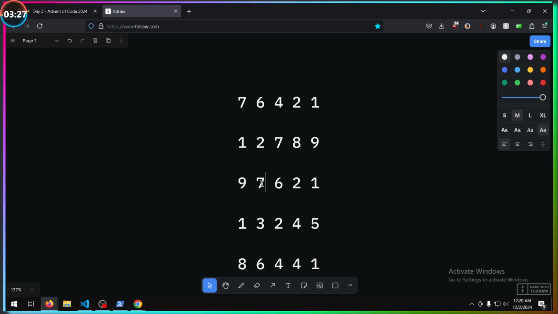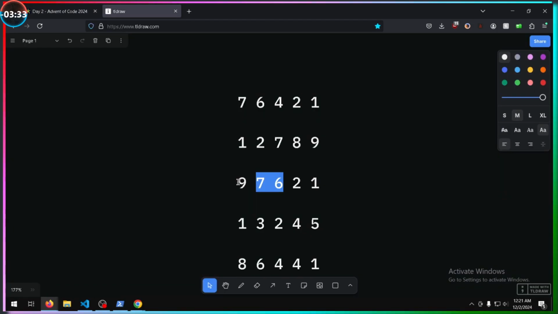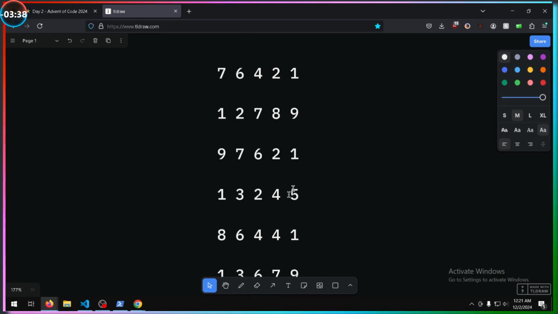So that makes this an unsafe transition, I guess, to try to fit in the story, which makes the entire report false or unsafe. So let me put green there, red there. Nope. Oh yeah, that one is right because it's too big. Bad there. And go from 1 to 3, it's an increase of 2. 3 to 2, it's a decrease. You failed.